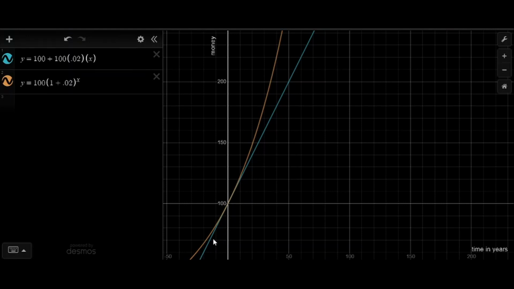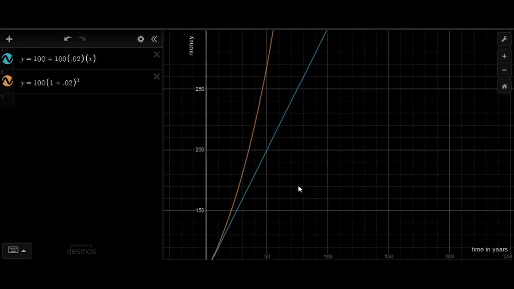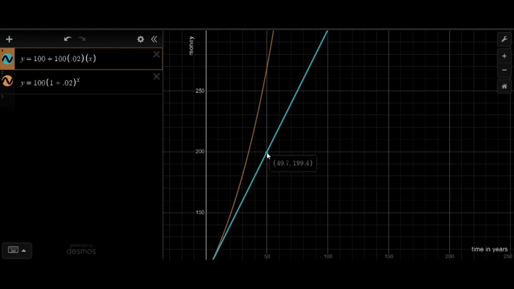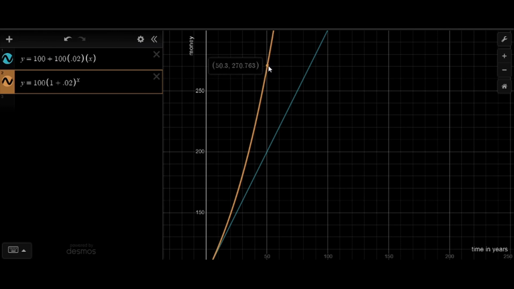You can see the simple interest is just a straight line, but here the compound interest is exponential and grows rapidly. If we look at 50 years here, let's say this $100 was growing for 50 years. You can see in simple interest you would have $200. But if you go up here to compound interest, you would have $269. That is a big difference.